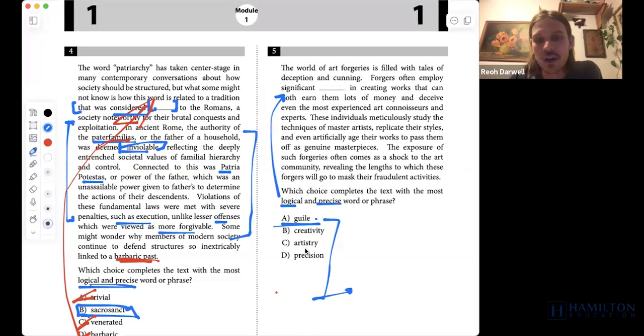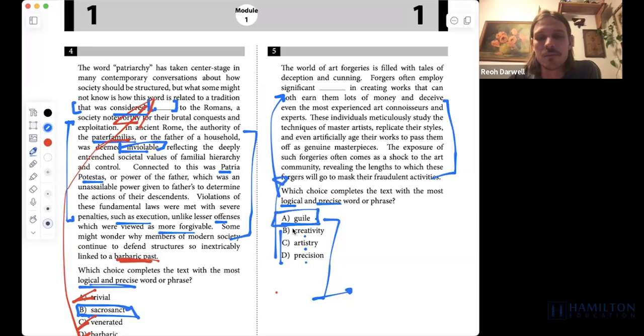Though creativity, artistry, and precision all come into play here, according to this passage, guile incorporates all of those things. But to the purpose of what is going on, they exhibit guile in doing what they do.